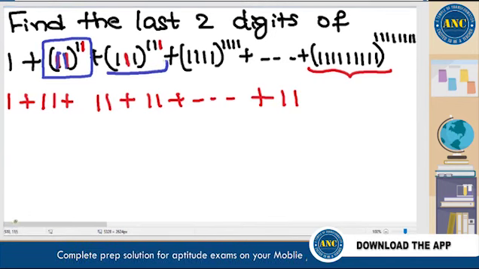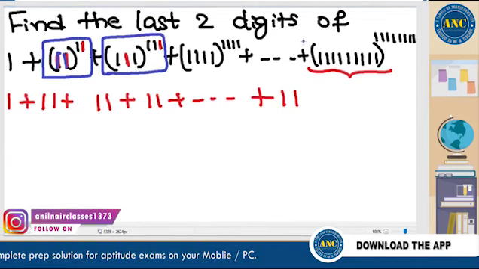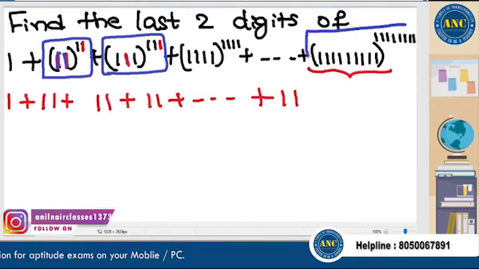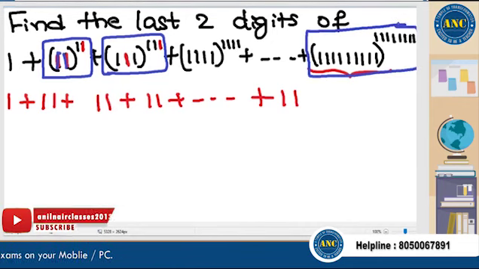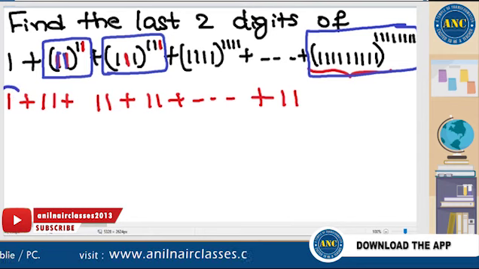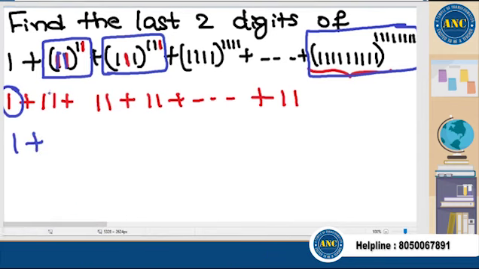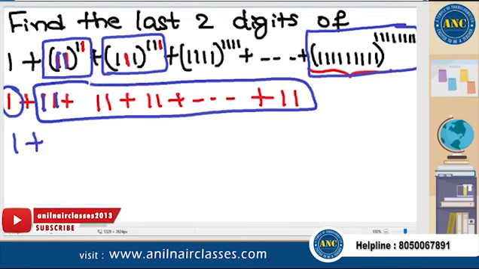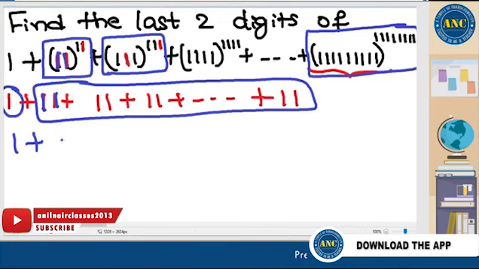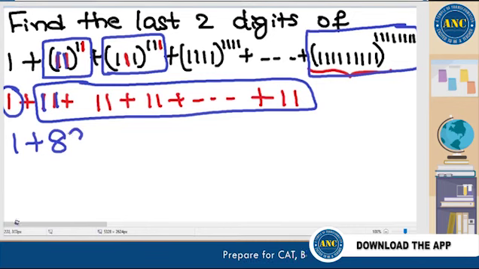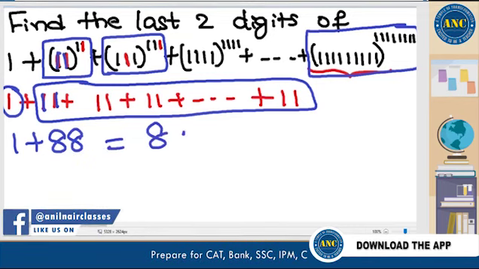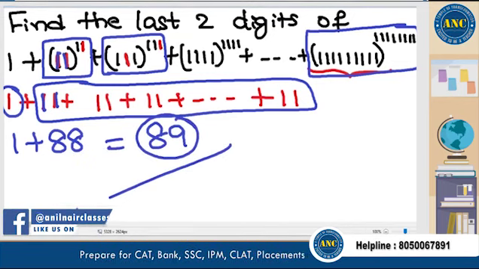If it is the third number, it will have 3 ones. If it is having 9 ones, it will be the 9th number. That means excluding this 1, 11 is added 8 times. 11 into 8 is 88. 88 plus 1 is 89. Last two digits will be 89.